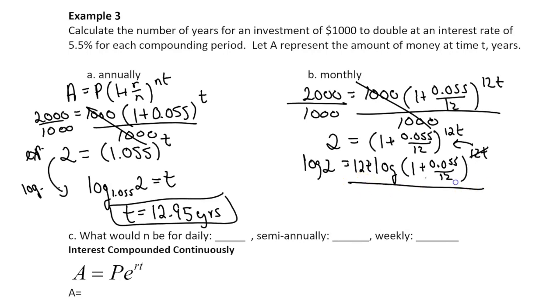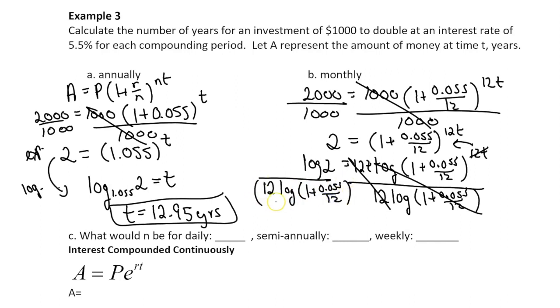Since they're all being multiplied, you could divide by 12 log of 1 plus 0.055 over 12. Then the 12s cancel out, and the rest of the log cancels out. Maybe put this all in a double bracket there. Try putting that into your calculator and see what you get.